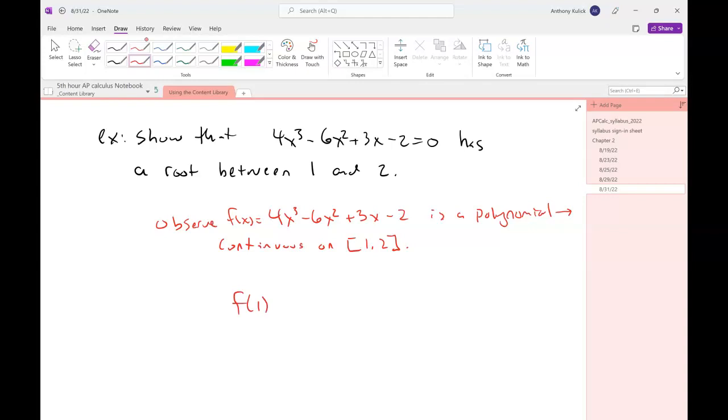I'm going to do f of 1, which is 4 minus 6 plus 3 minus 2, which is negative 1. And then f of 2, which is 32 minus 24 plus 6 minus 2, which is equal to 12.